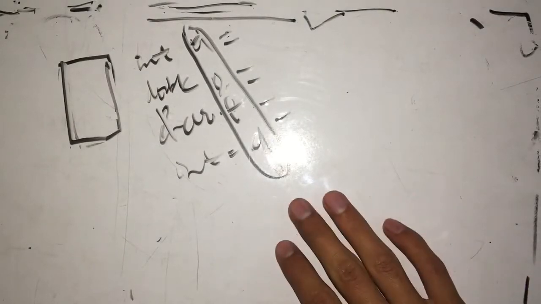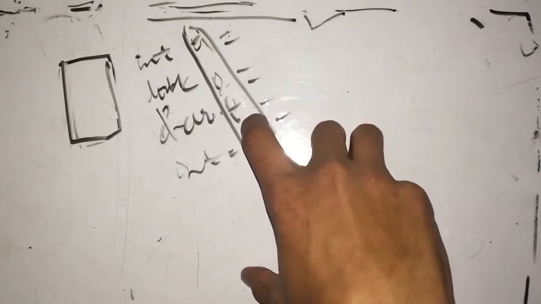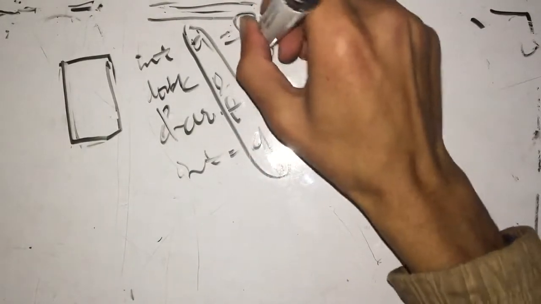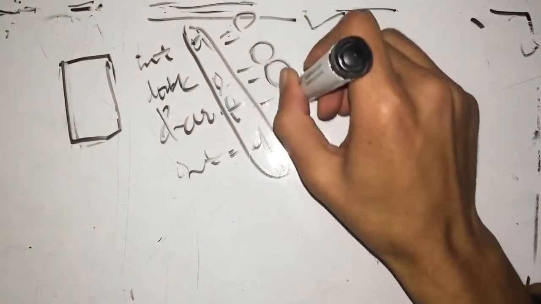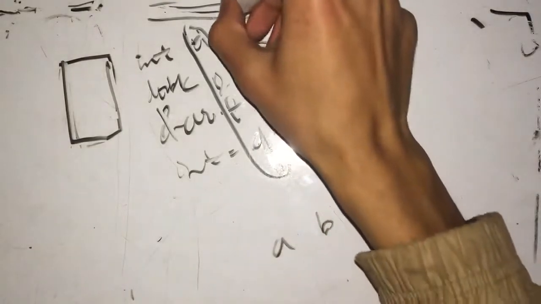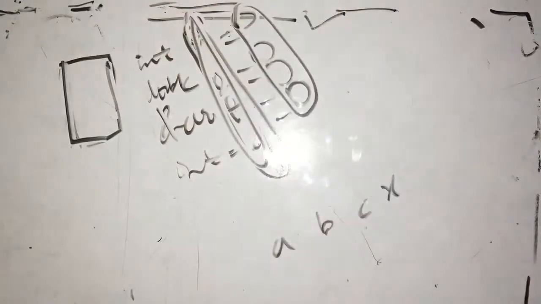The formal parameters in the function got replaced by these actual parameters, and now they had the values which we assigned to these variables. Now those a, b, c, and x had these values because they got replaced by these actual parameters. So this was about void functions.